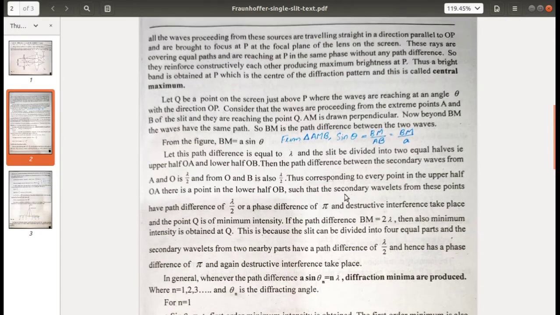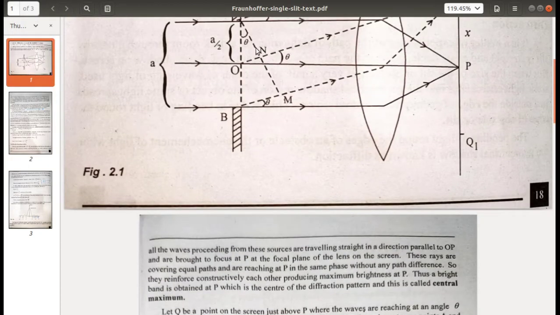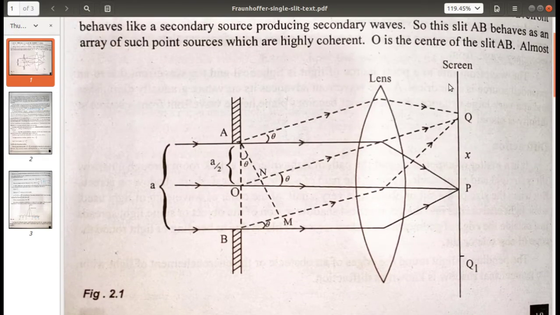So if BM is 2 lambda, again we will get minimum intensity at the point Q. In this case we are dividing the slit into 4 equal parts, and for each quarter part the path difference will be lambda by 2.